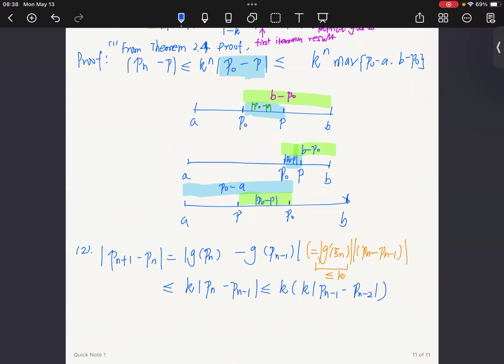You just need to replace n plus 1 with n in the first inequality. So we apply this inequality inductively, and at the end of the day, you will have this one smaller than or equal to K^n times P1 minus P0.